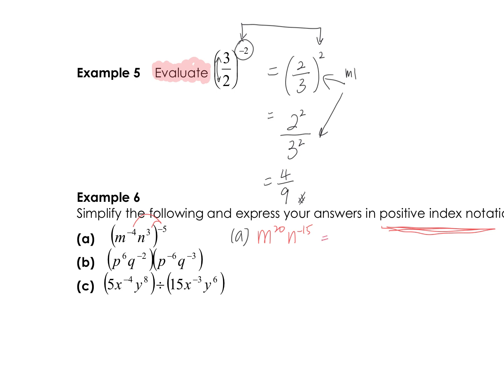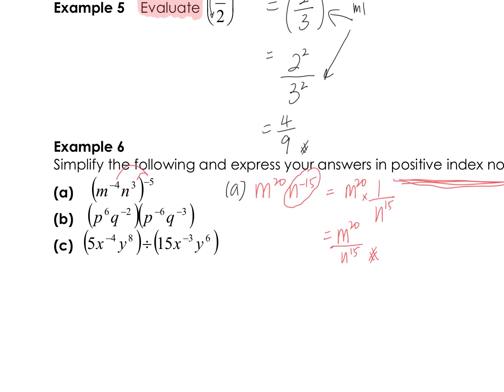So what should I get? Flip it to 1 over n to the power. So I need to change it to 1 over n to the 15, and then I have an m here. Combine it into one, basically it's just m to the 20 over n to the 15. So this is positive index notation, meaning you wouldn't see a negative power anywhere.